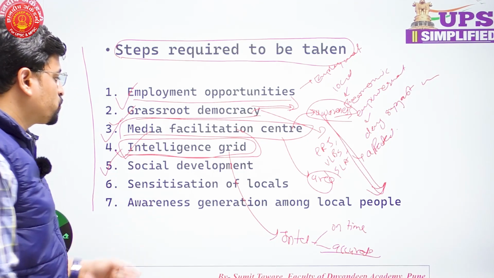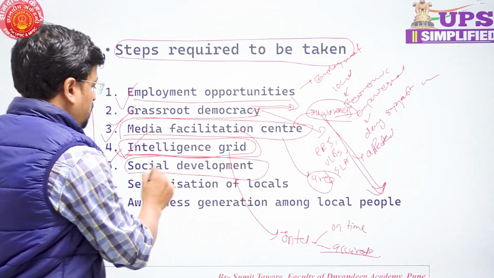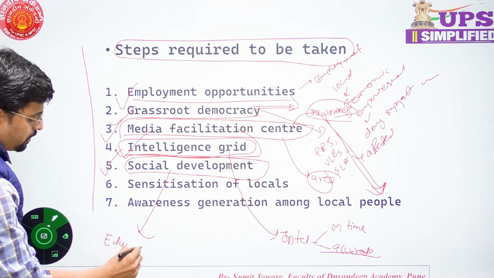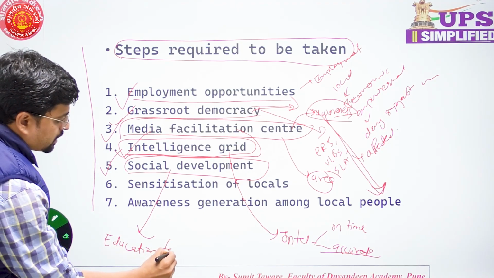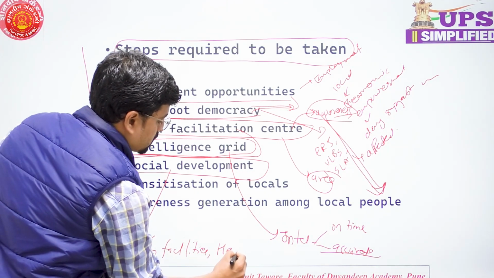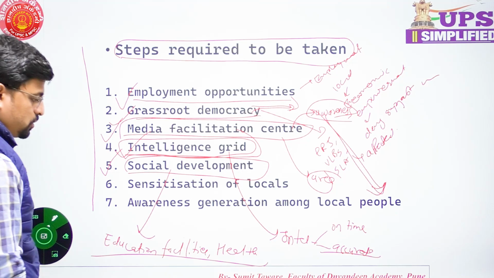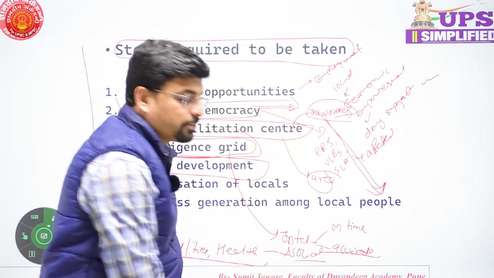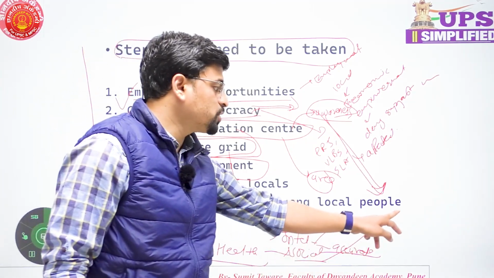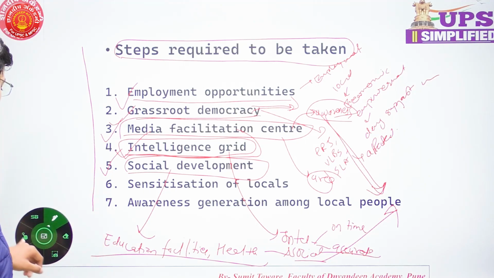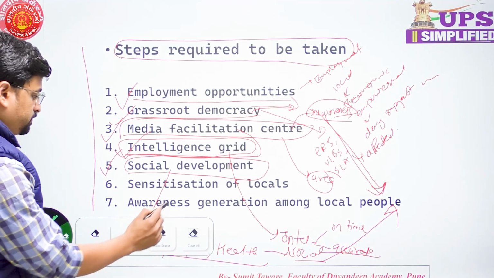Then social development. How can we ensure this? By building educational facilities or providing health facilities, through which social empowerment of local people can be ensured, and because of this social empowerment they will deflect themselves from supporting the militants.